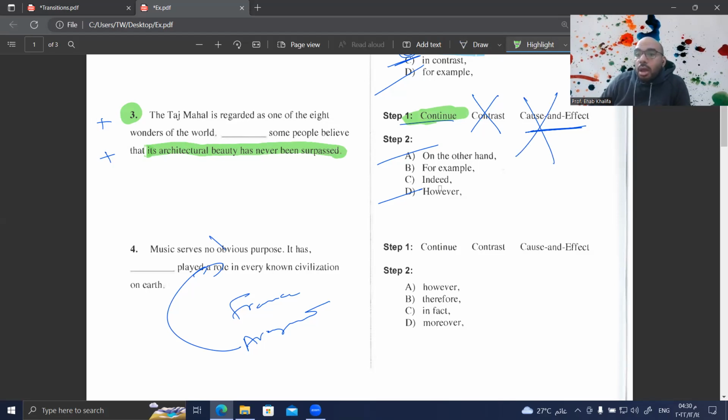So see, guys, I have two continuers and I cannot eliminate any of them because they are different. The difference between for example and indeed. Go ahead, Muhammad Abdullah. Yes, sir.